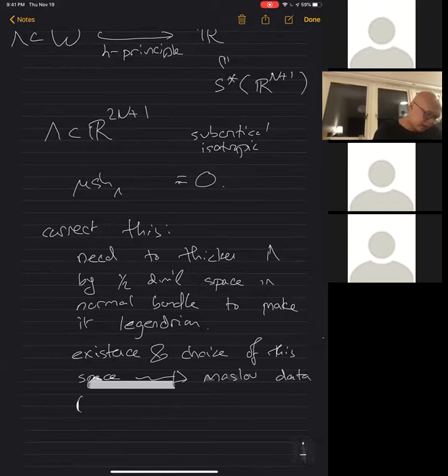And there are somehow corresponding choices for the Lagrangian, for other Legendrians.